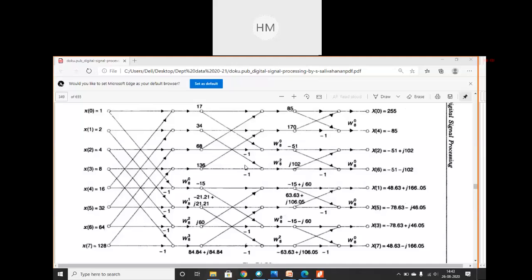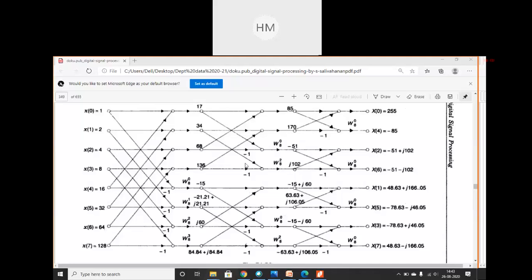Amisha, this is by DIF, na? So first stage output, okay. You can see in the diagram I have shown on the screen. Screen is visible to you.